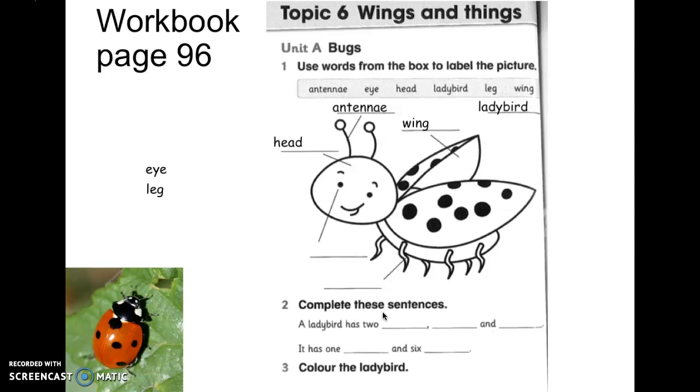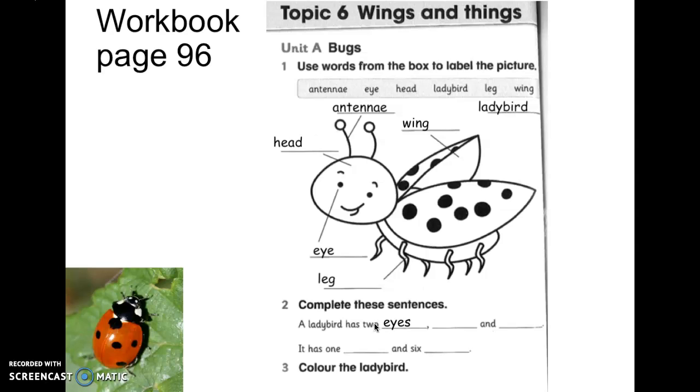All right. Where's the eye? Here is the eye. Okay, now where is the leg? Here's the leg. Good. Now let's move down and complete these sentences. A ladybird has 2 of what? Heads. Eyes. Oh, 2 eyes.